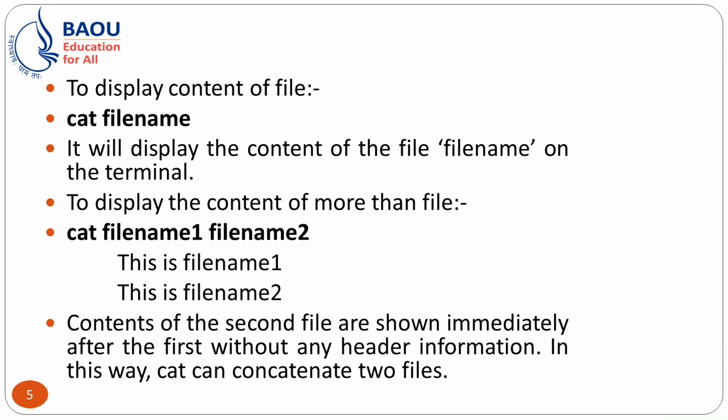So you can see on the screen cat, then space file name 1, space file name 2. That means whatever the contents of file name 1 will be displayed first, then file name 2 contents will be displayed without any header information. That means another utility is that if you want to merge or concatenate the contents of multiple files, in that case you can also use the cat command, right?